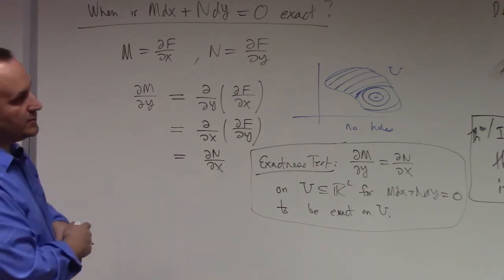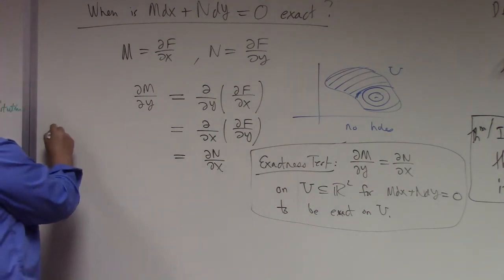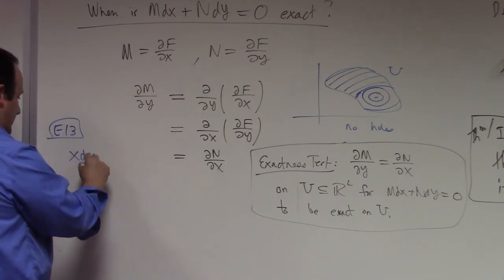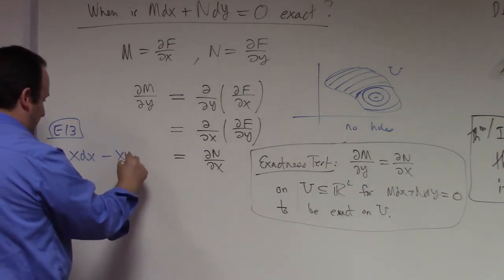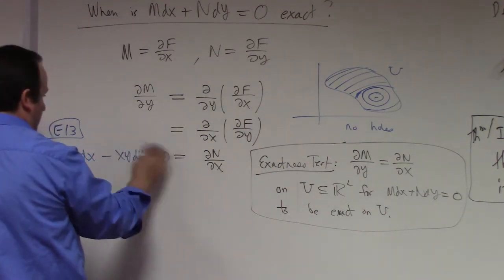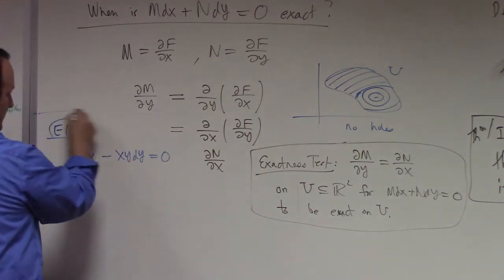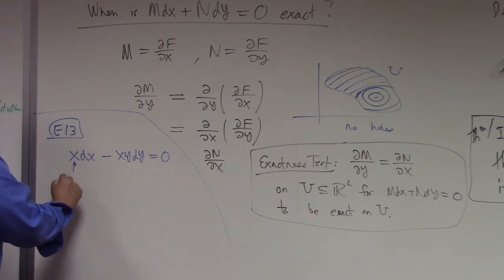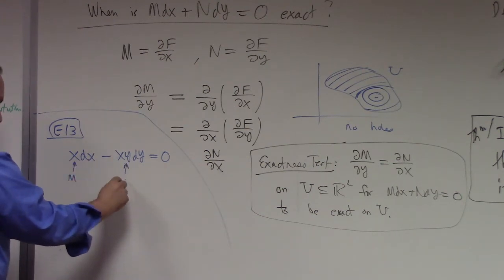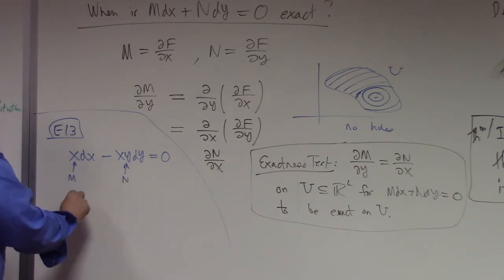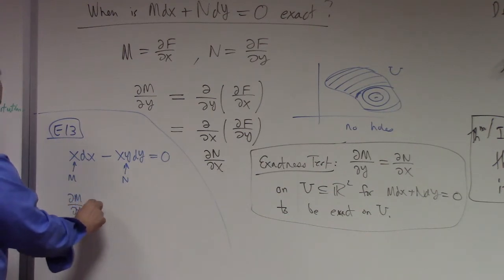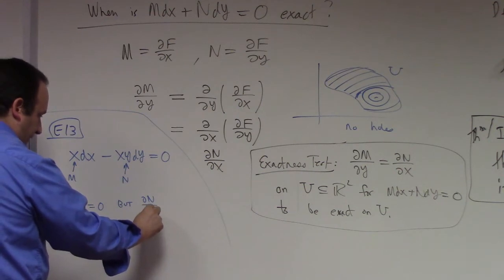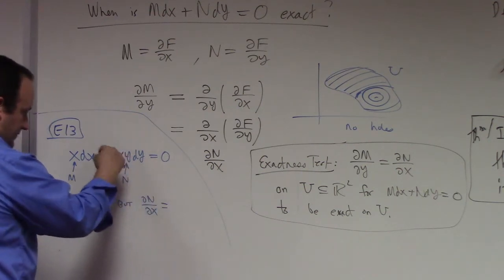So let's see here, example 13, just to show you what that looks like. If I had something like x dx minus xy dy equals 0, well, that would be troublesome. See, because here, this is my m, this is my n, partial m partial y equals 0, but partial n partial x is equal to what?